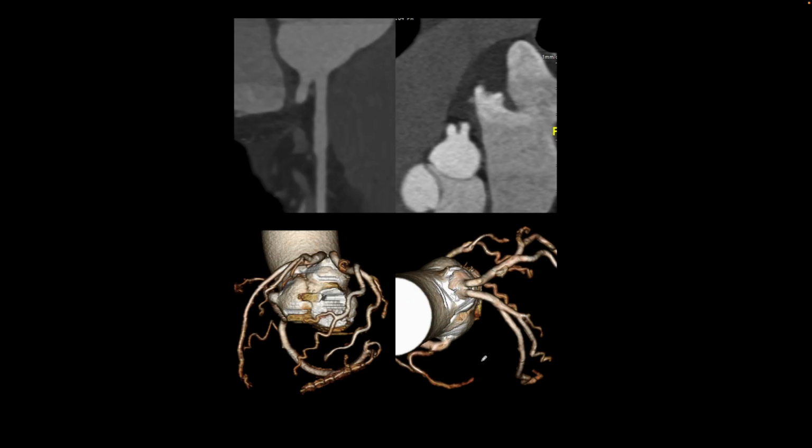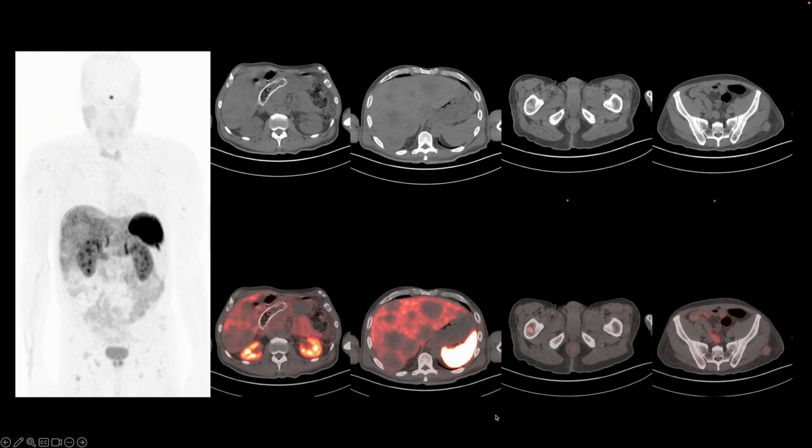Here, both the arteries, the LAD and the circumflex, are arising directly from the left aortic cusp, and there is no left main coronary artery, best seen here in these reconstructions. So a normal variant where there is absent left main coronary artery and the LAD and the circumflex arise directly from the ascending aorta.